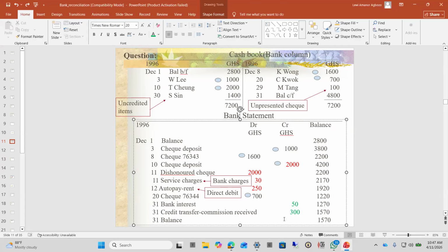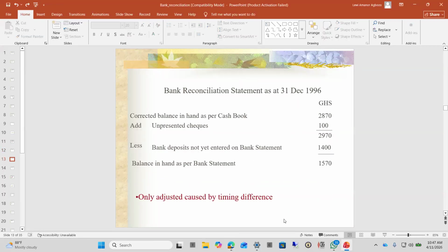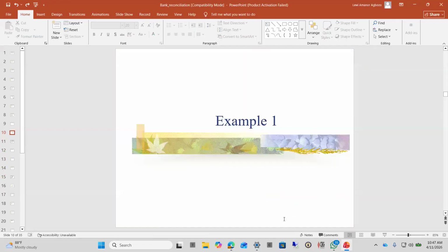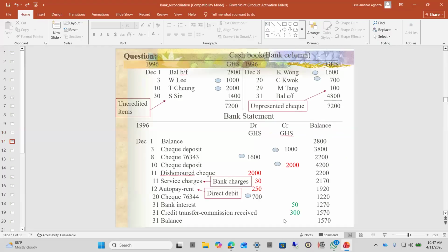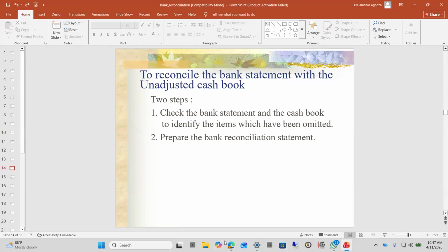So this is what we call bank reconciliation. This is what we call bank reconciliation. So the format, you can write it down. I want to give you the format again. It's just simple.